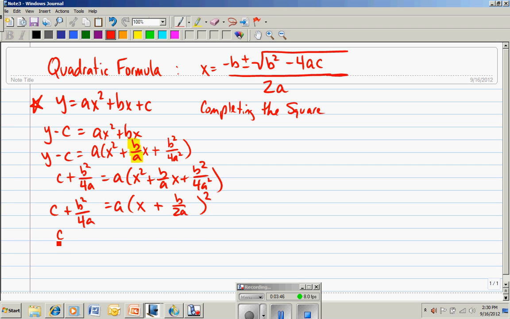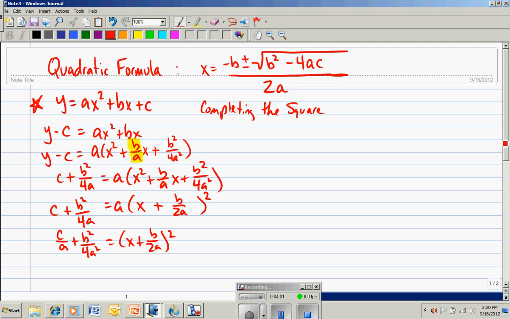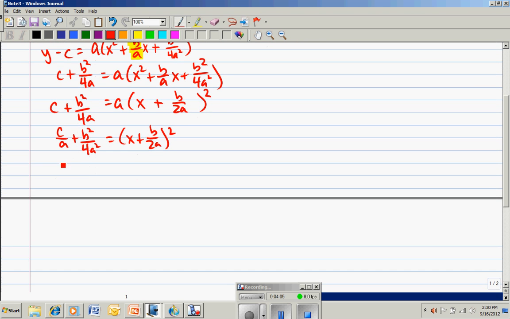And I want to get rid of the a, so we'll have c over a plus b squared over 4a squared equals x plus b over 2a quantity squared. So I want to be able to simplify this a little bit. And in order to do that, I want the left side of the equation to be combined into one fraction.